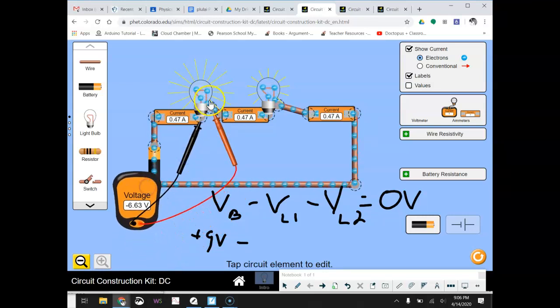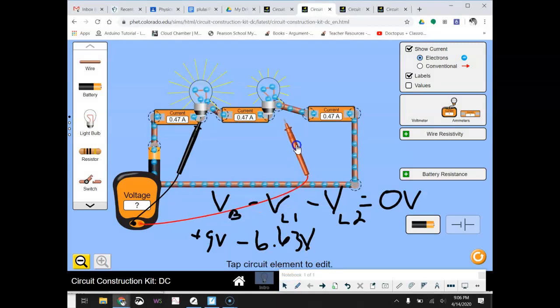There we go. So this one, the numbers could have been easier. This one is minus 6.63. So we can go down here and say minus 6.63 volts for that one. Now, before we go to measuring this one, let's take a second to see if we can predict what it should be.